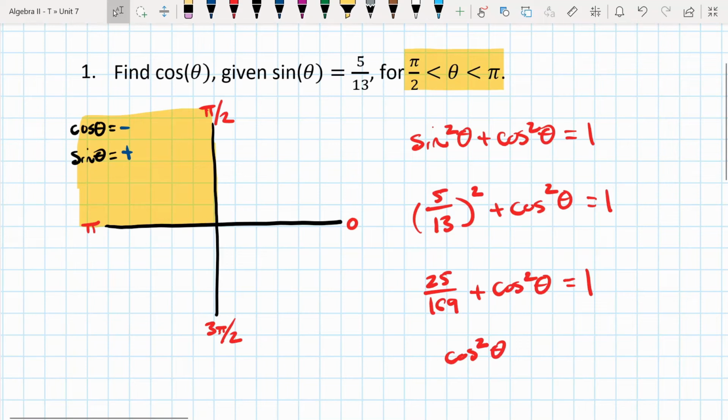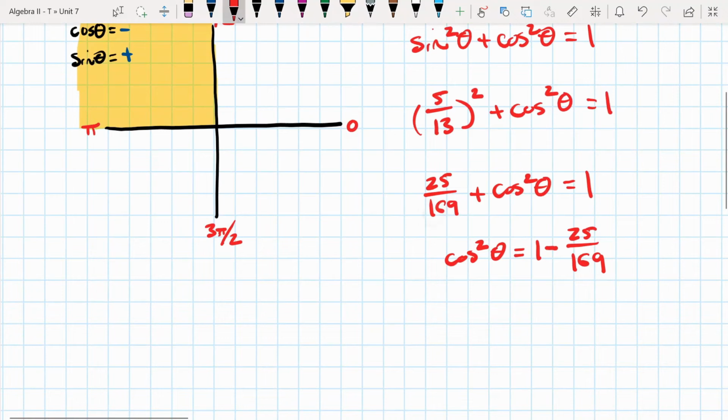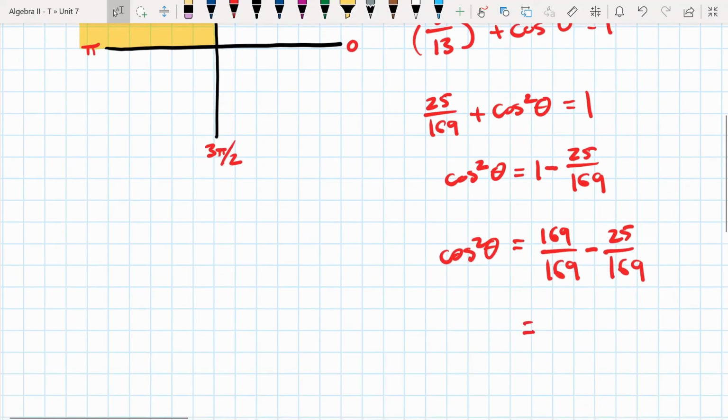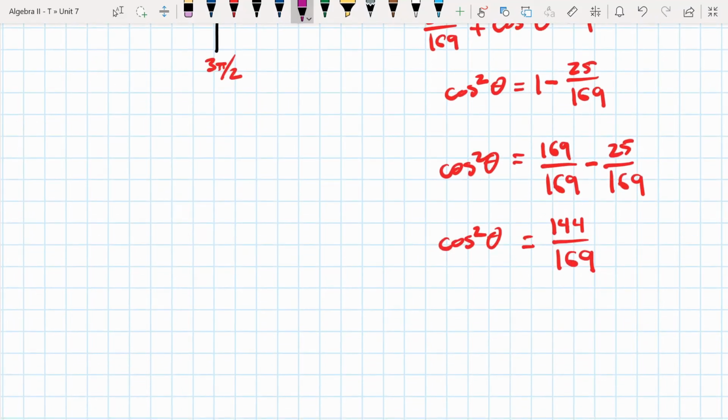Cosine squared theta, let's subtract 25 over 169 on both sides. Now we're going to combine these together by finding a common denominator. It's 169. Subtracting the numerators on the right-hand side, we get that cosine squared is equal to 169 minus 25, which is 144 over 169. Now we're going to take the square root of both sides.